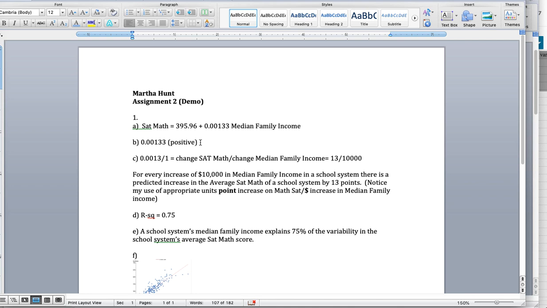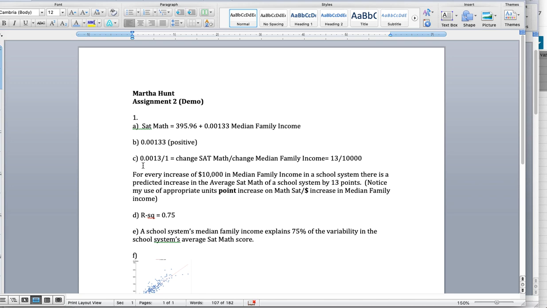The second part of your assignment is going to ask you for the slope of the regression line. Our slope is positive. If the slope had been negative, I would have had to put a negative sign here. And I rounded it to 2 or 3 significant decimal places.